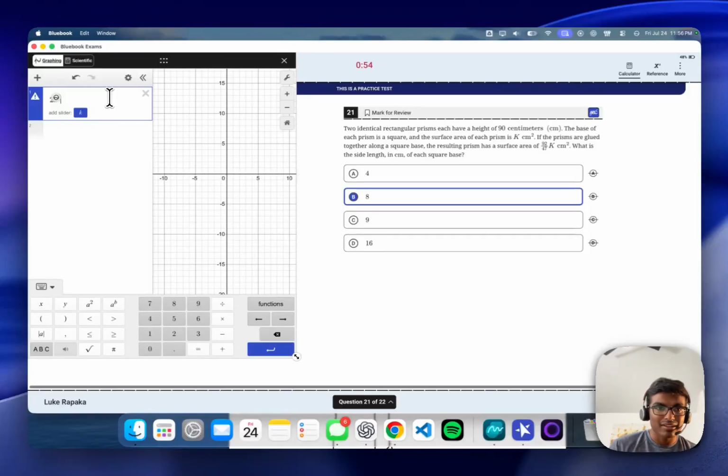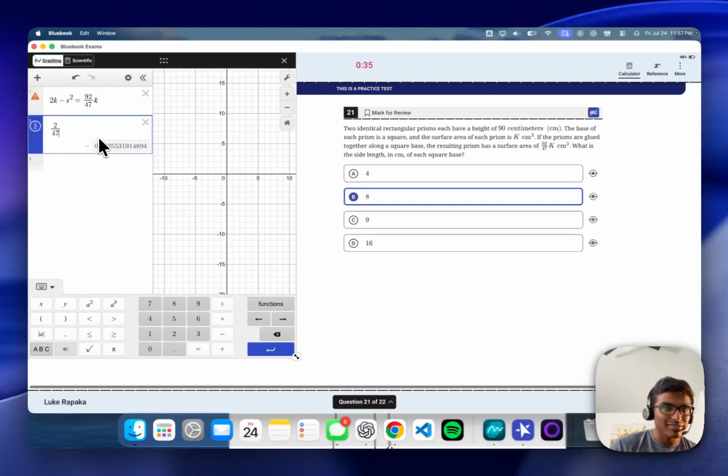2k squared. It's got to be 2k minus the s squared equals 92 over 47k, right? And then if you do that, it's got to be 247k equals s squared, and this has got to be 2k.